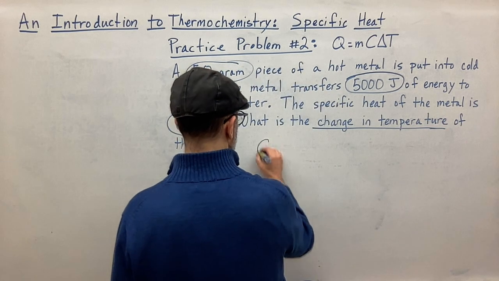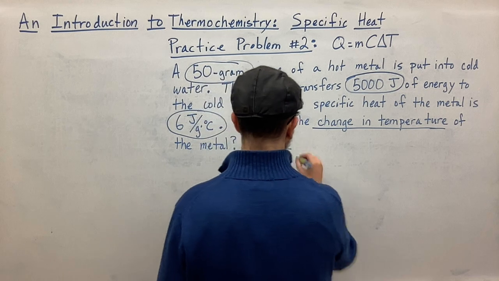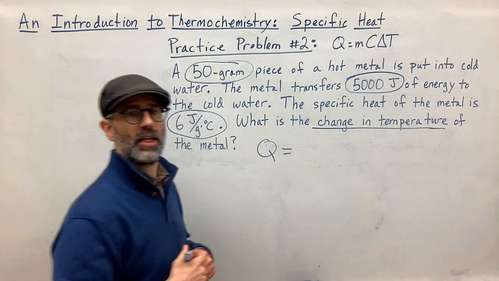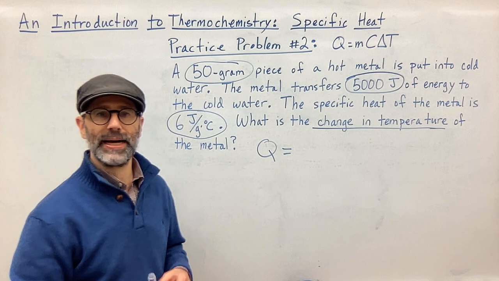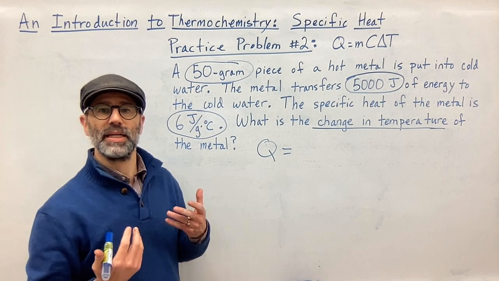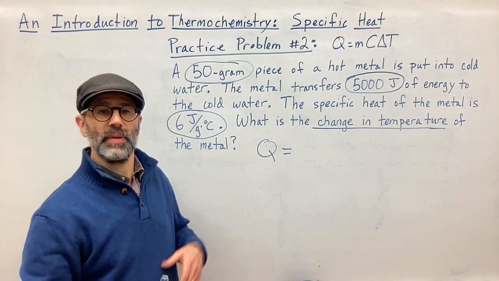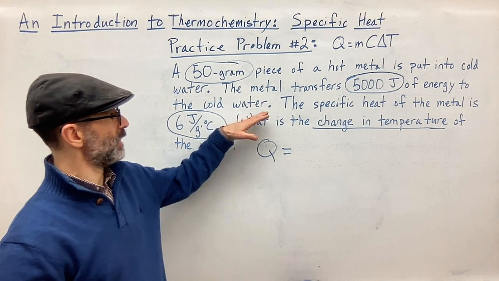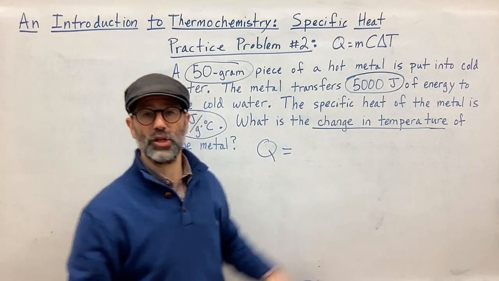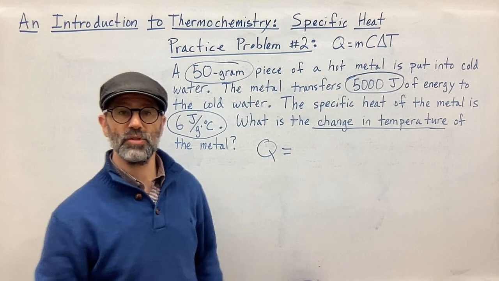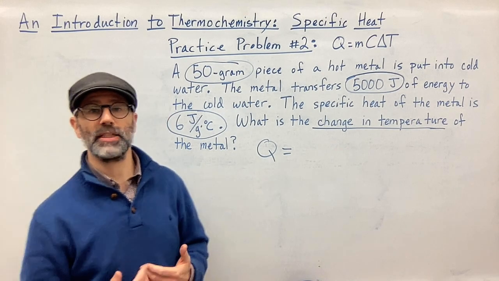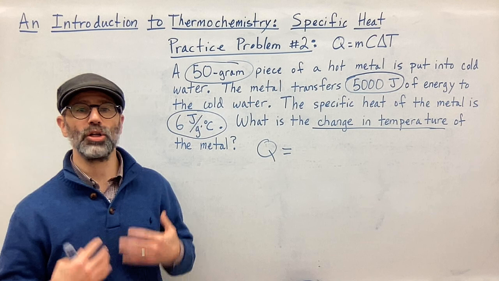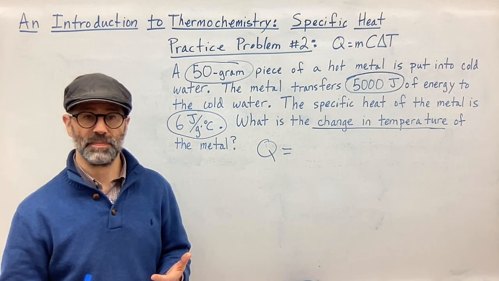So Q. What is Q? Q is the quantity of heat lost or gained by the system. Our system is the metal. So it's telling us that the metal is transferring 5,000 joules of energy to the water. So from the perspective of the metal, it is losing that energy.